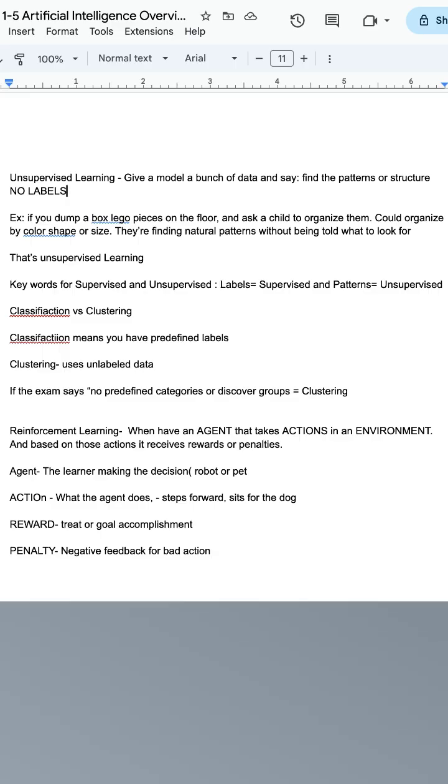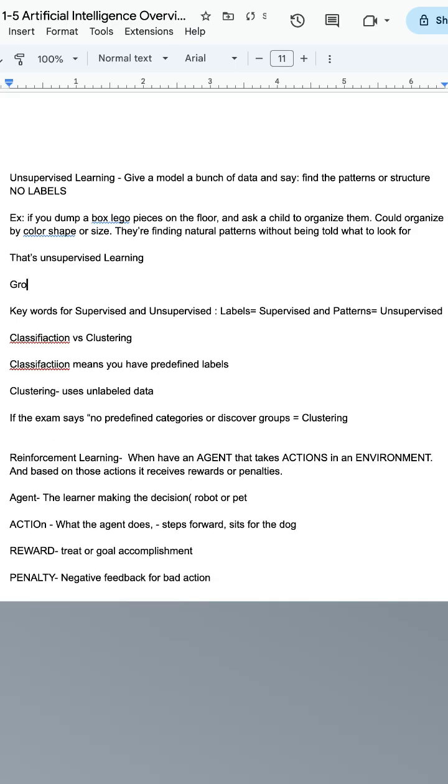Group 2 are luxury buyers who want premium products, and group 3 are seasonal shoppers who only buy during the holidays.